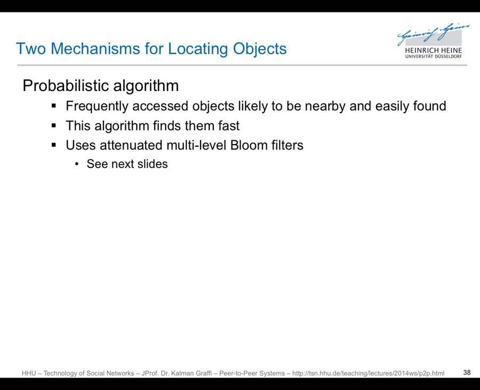So also here you just place the data in your neighborhood and give the structured network a little bit of a hint where you can find it. And here we use Bloom filters. On the next slide there will be a small outlook on how we use Bloom filters for that. But it is very unstructured, so it's really something like a random walk that you try to find your data in a short range, and if it's not available then you give up.